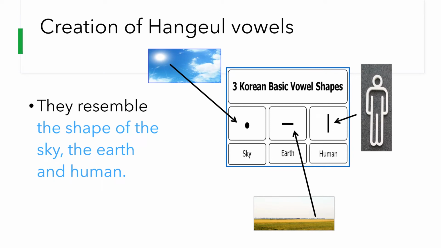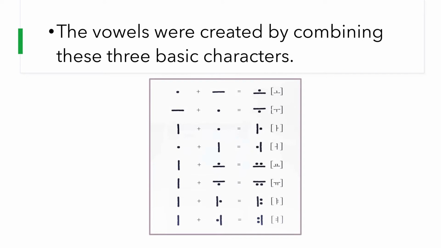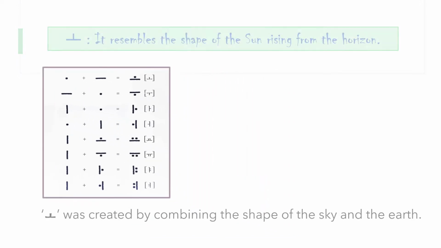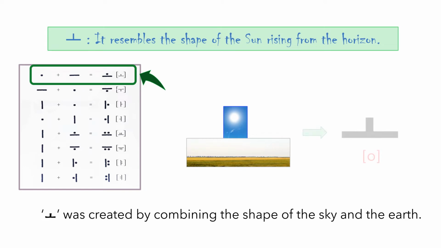Hangeul vowels resemble the shape of the sky, the earth, and the human. The vowels were created by combining these three basic characters. O was created by combining the shape of the sky and the earth.